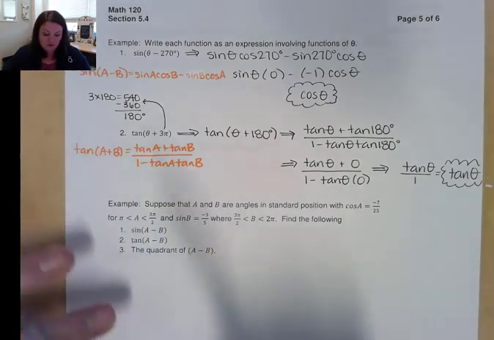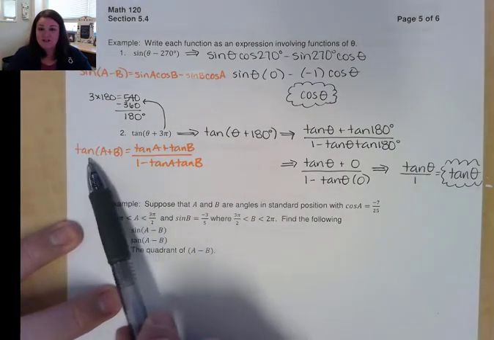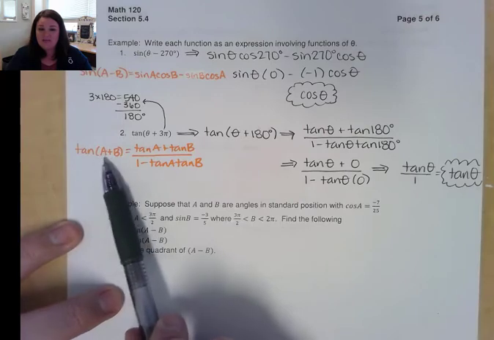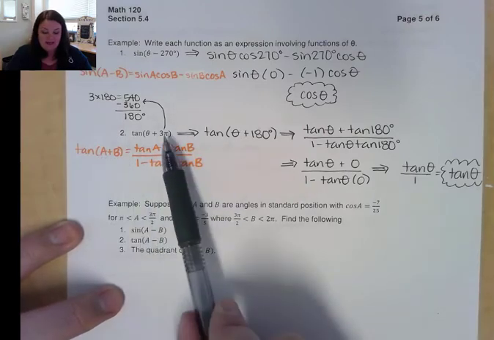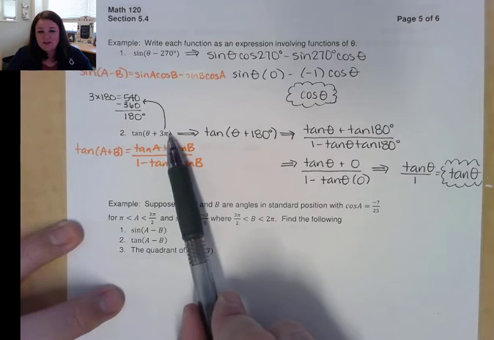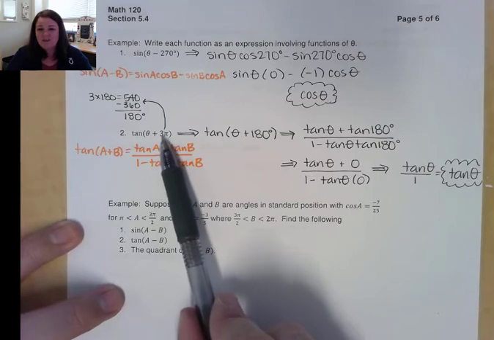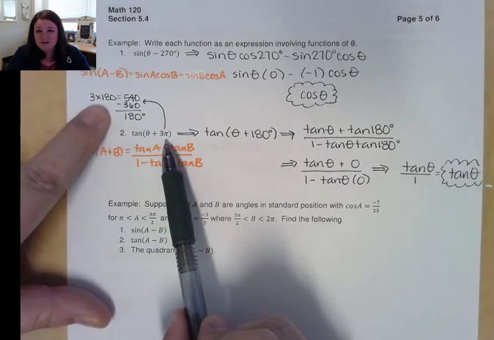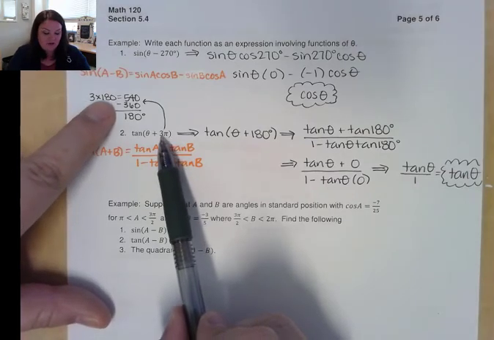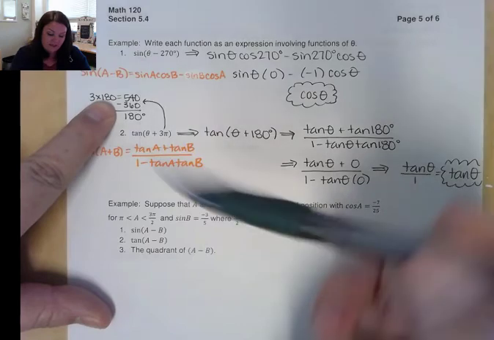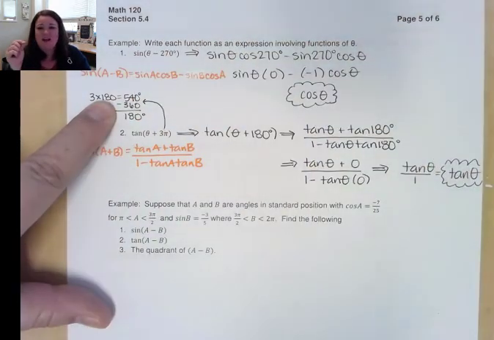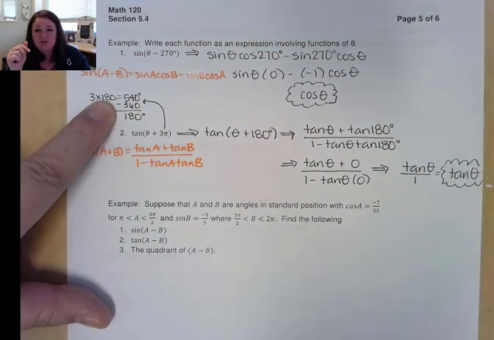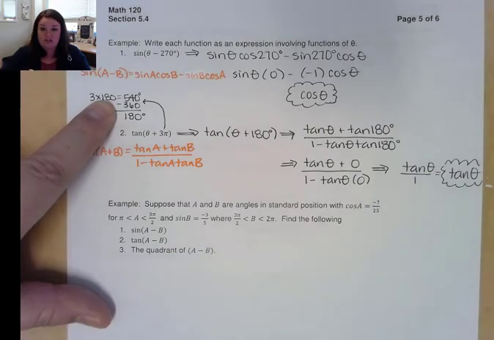Moving on to number 2, we're using the addition identity for tangent. And it's easier to do in degrees, so I'm going to change this 3 pi to degrees. 3 times pi is the same as 180 degrees, so 3 times 180 is 540 degrees. And that's not something I can look up on my chart or my circle because that's more than one rotation, right?